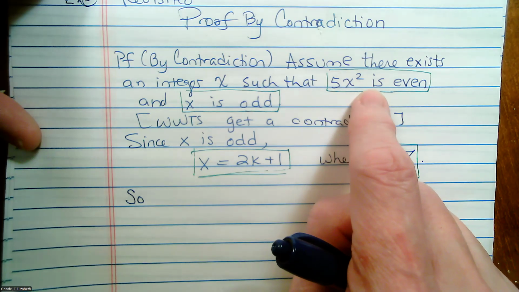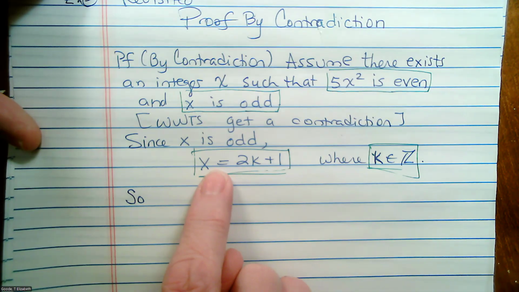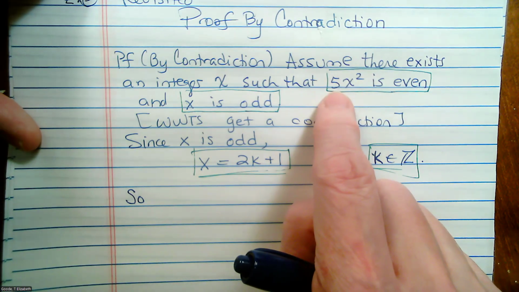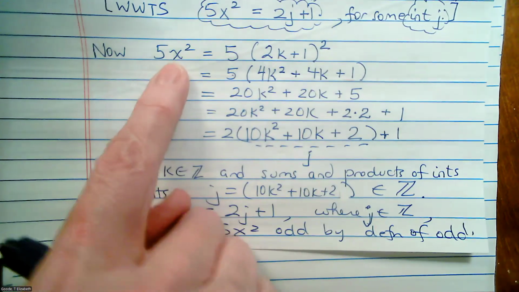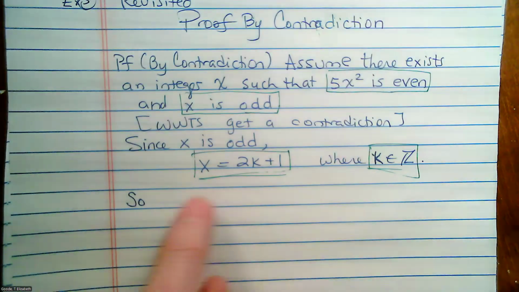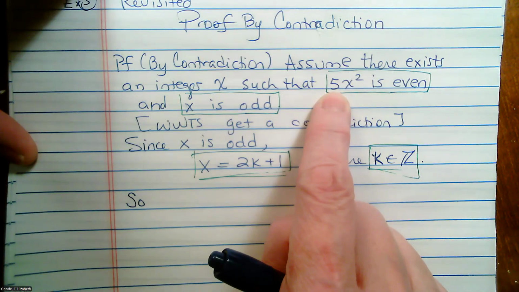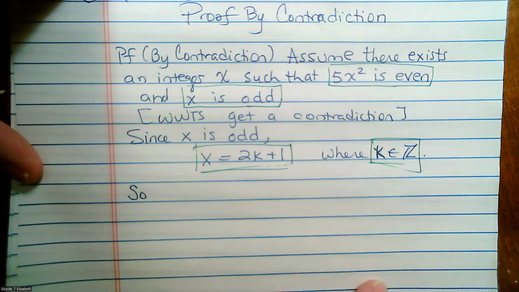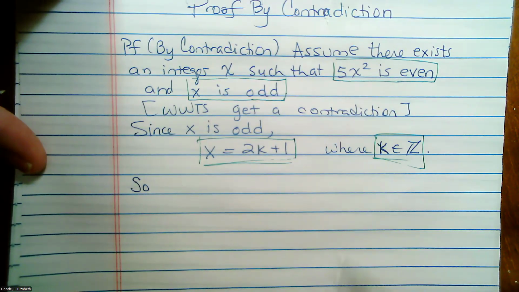See, we've already thought this through. What happened before when we assumed x was odd? What happened with 5x squared in our proof by contrapositive? 5x squared was odd. Yes. So we can do the same algebra, look at 5x squared, show it turns out to be odd, and that will contradict this piece of our hypothesis.